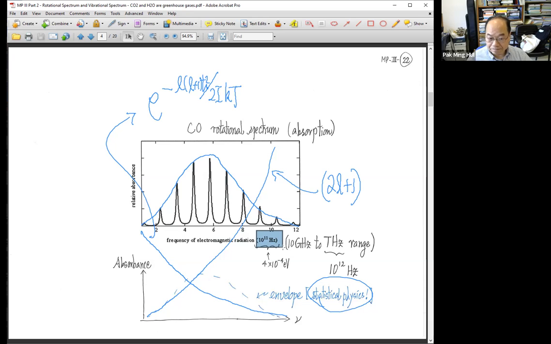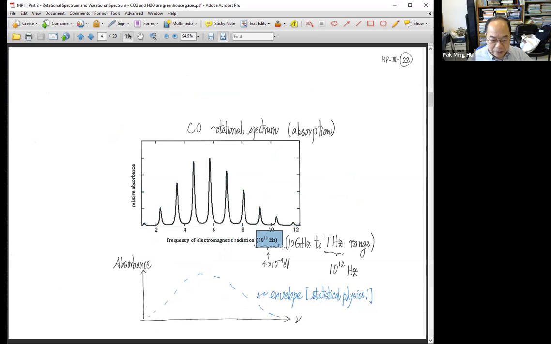Okay. And you multiply these together, you get some kind of envelope function of that shape. So this is related to statistical physics.